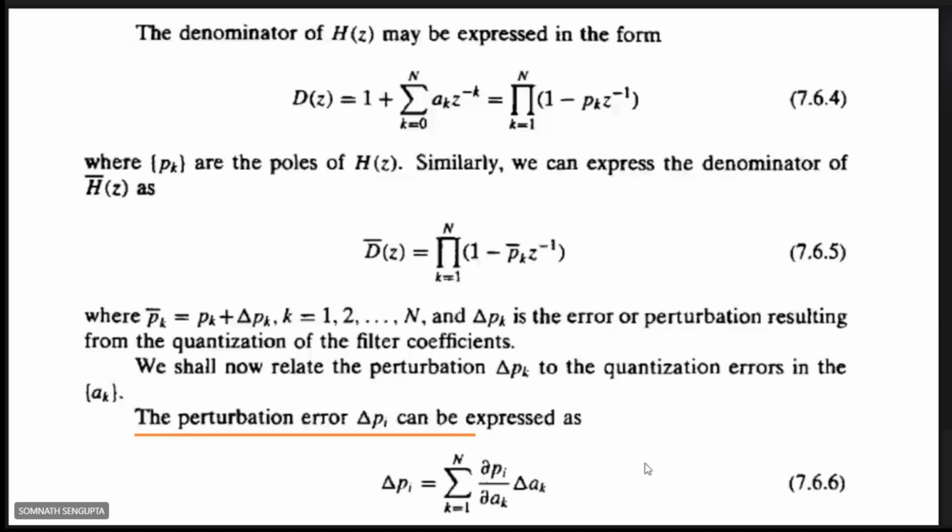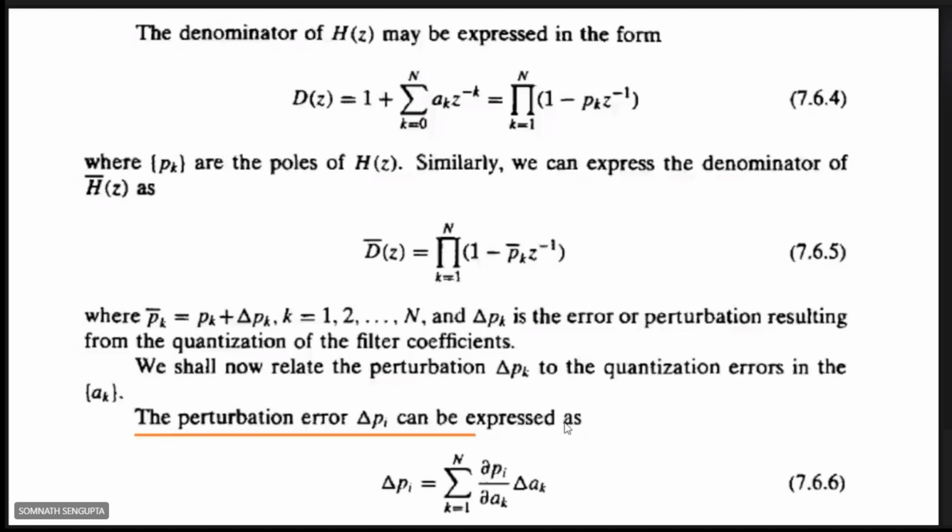So there are two things. One is the error delta pk, which means the change in the pole value, and the perturbation error is delta pi, which comprises the effect of the change of poles due to the change in all the values of filter coefficients.